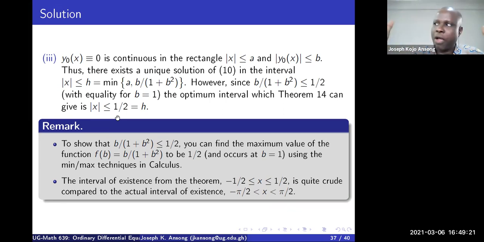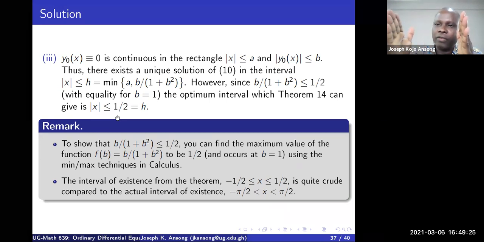Negative pi over 2 to pi over 2 is way wider than negative 1 over 2 to 1 over 2, so it's very restrictive. So this is actually a very crude, or if you like, rough estimate of the interval. The actual interval is wider than what the theorem is giving us. Okay, great. So that is the comment here.